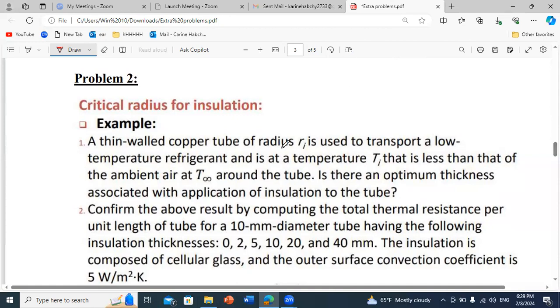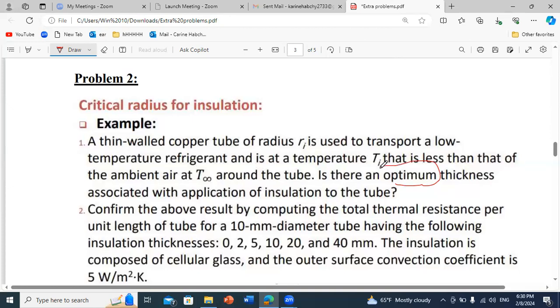A thin-walled copper tube of radius Ri is used to transport a low-temperature refrigerant at temperature Ti, which is less than that of the ambient air, which is at T infinity around the tube. Is there an optimum thickness associated with application of insulation to the tube? So we want to check if we can find a certain insulation that will maximize or minimize, because when we say optimum thickness, we didn't mention if it's maximum or minimum.